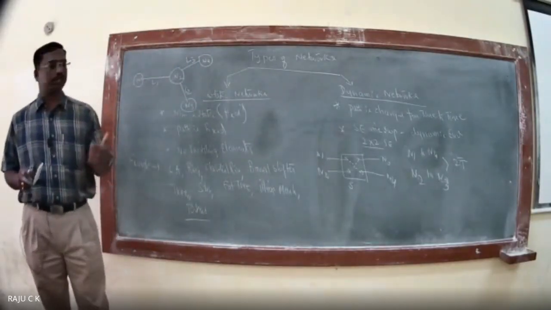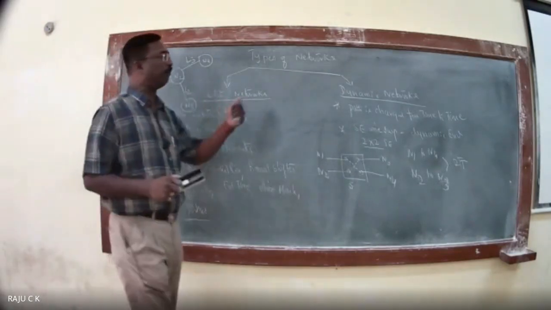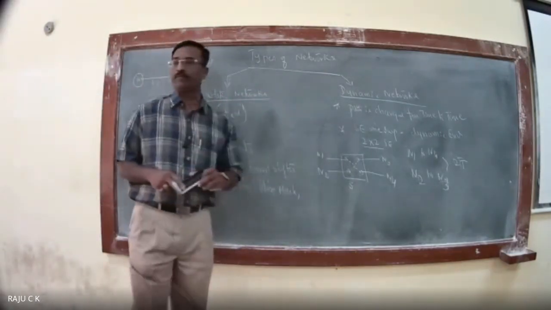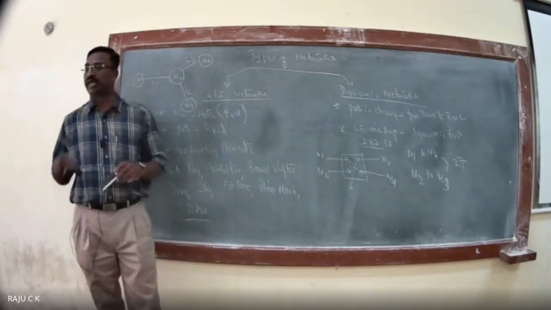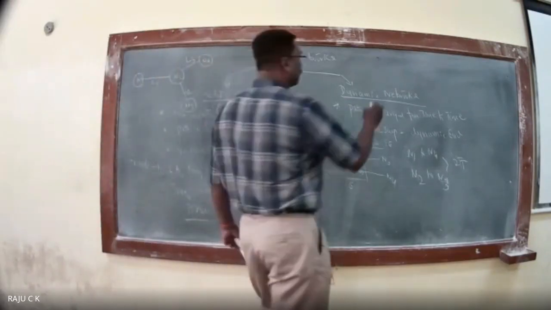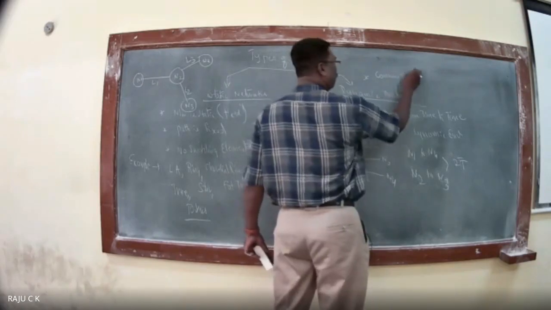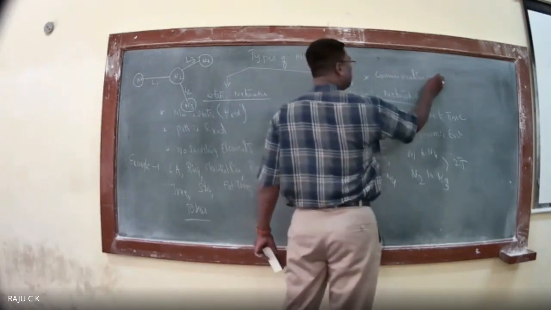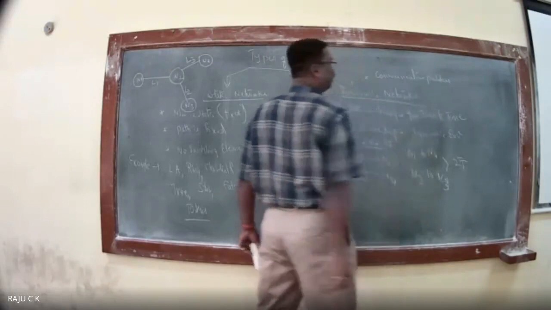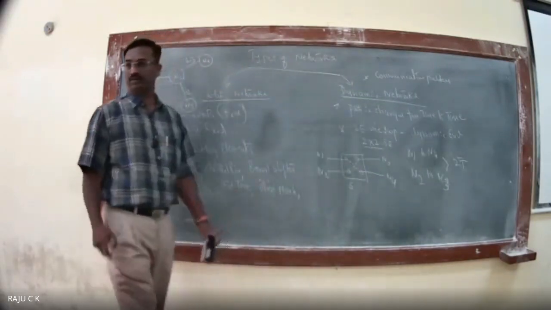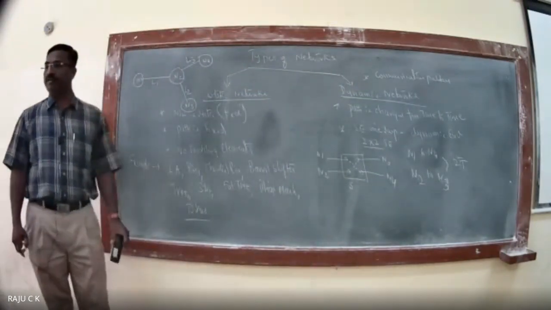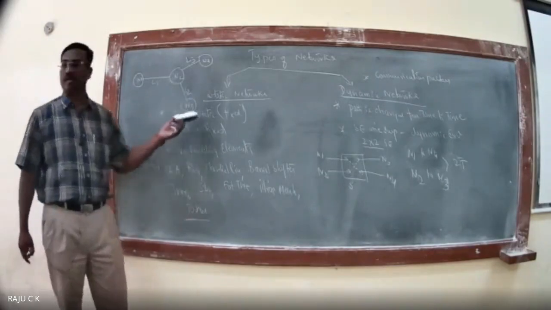So switching elements will play a very important role in the case of a dynamic network, and they can use any communication pattern. Different communication patterns can be allowed in a dynamic environment. It should always be flexible. It cannot be completely static.